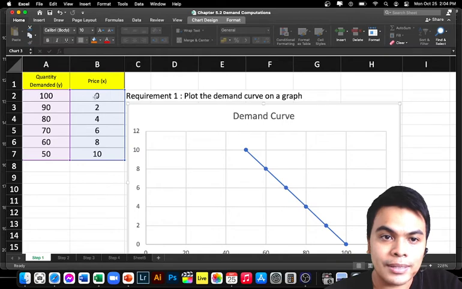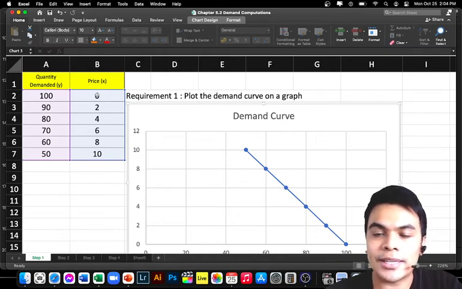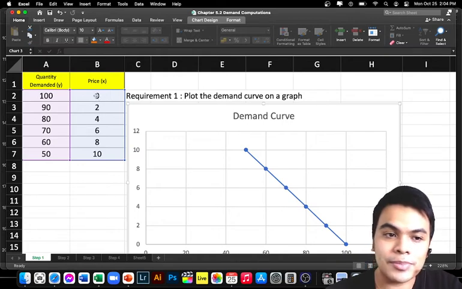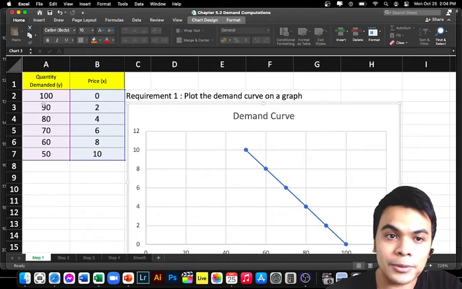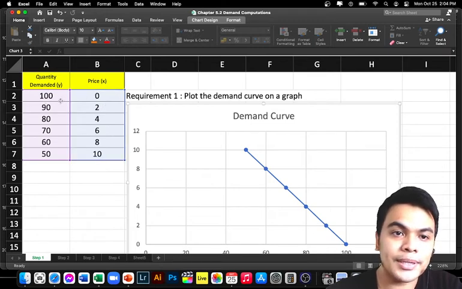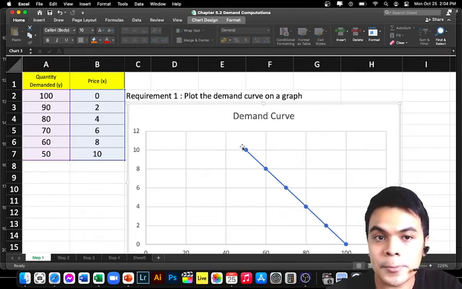Regarding the zero, I guess you have already experienced this too. Sometimes, there are farmers who just give away vegetables rather than let them spoil. That is where we experience 100% demanded at zero price.